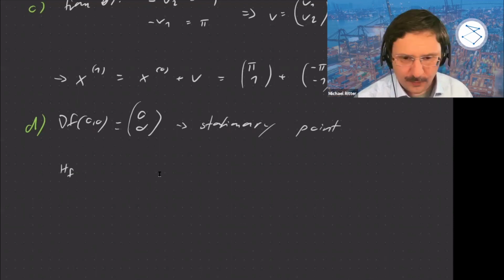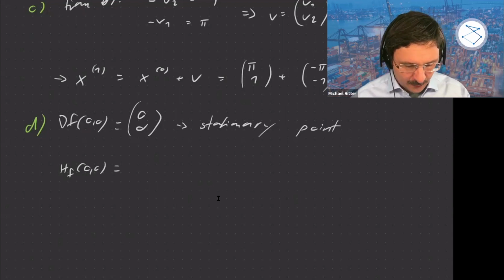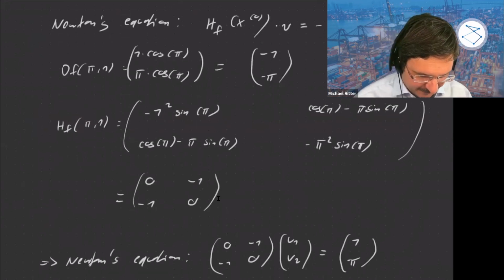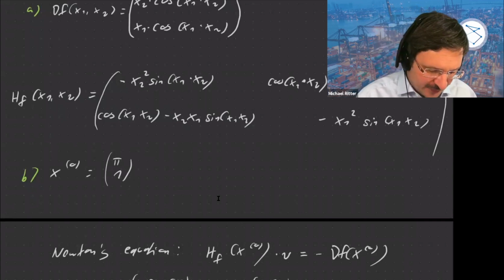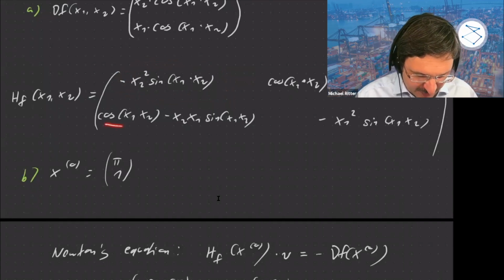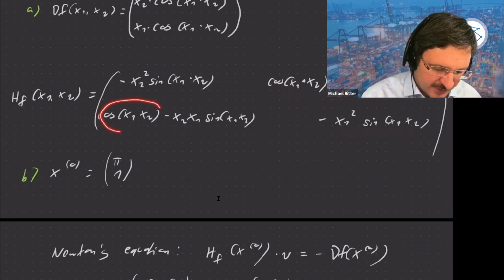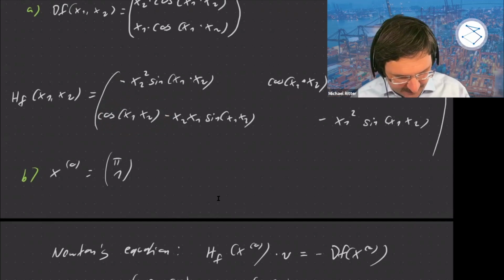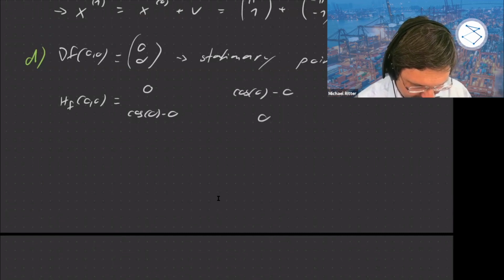Now let's see if we can find out what type it is. So if we look at the Hessian here, what will that be? HF. Here is our Hessian. So again, substituting 0 and 0, that will yield 0 times sine, cosine minus 0, cosine minus 0, and again 0. So the only entry that really remains is this cosine of 0. So what we get is for the Hessian a 0, cosine of 0 minus 0, same here, and a 0.